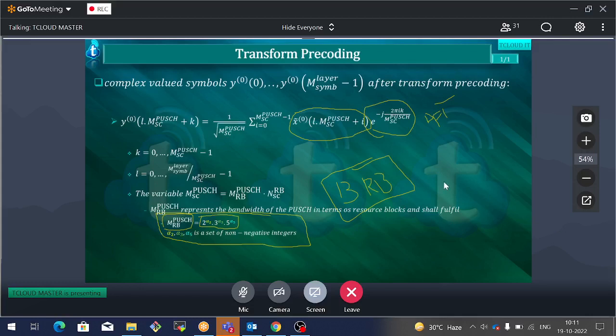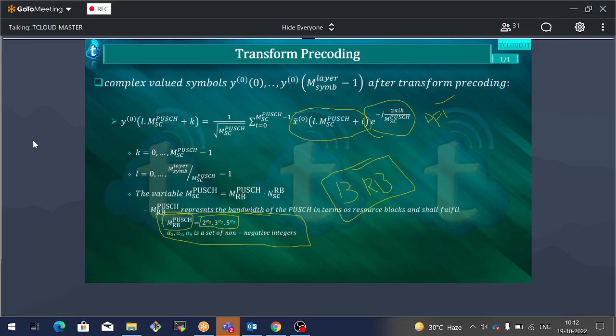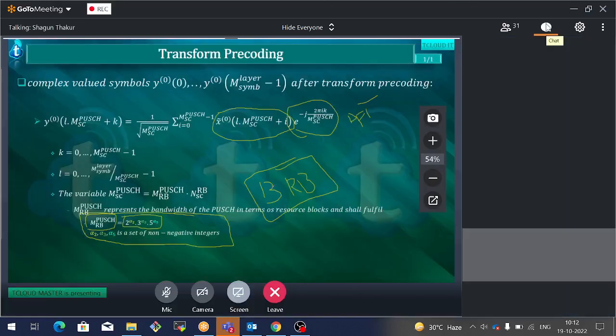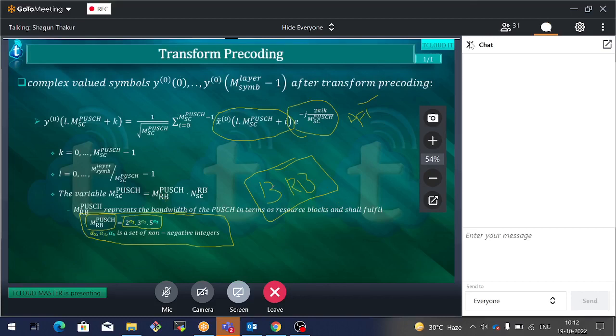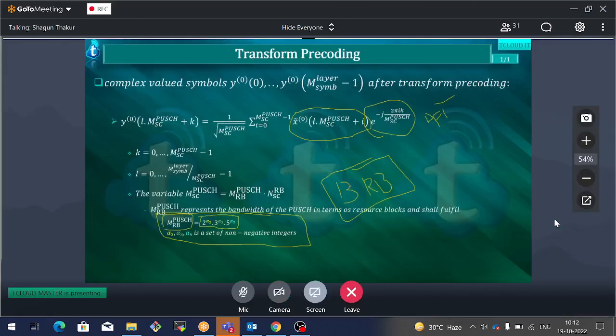Again, no response. Answer is no. Shagun, yes. Okay, how do you think it is yes? We have to see a different answer. So how are we not able to allocate 13 RBs? Okay. So that's where your mathematics comes into play here.